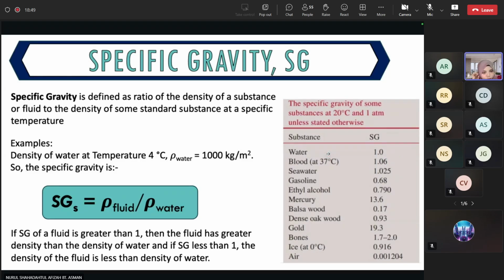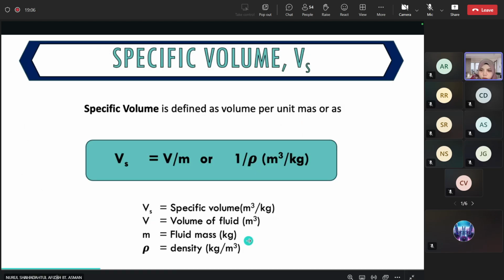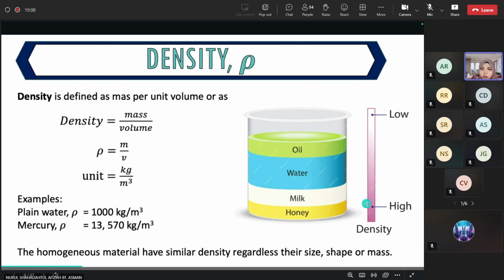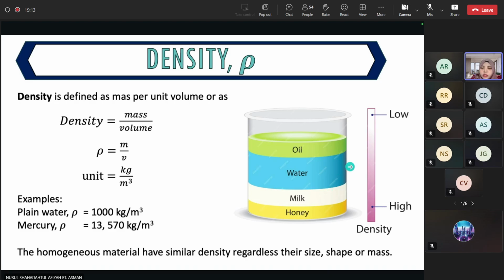If the specific gravity of a fluid is greater than 1, then the fluid has greater density than water. If the specific gravity is less than 1, the density of the fluid is less than the density of water. So we divide the density of the fluid by the density of water, which is 1.